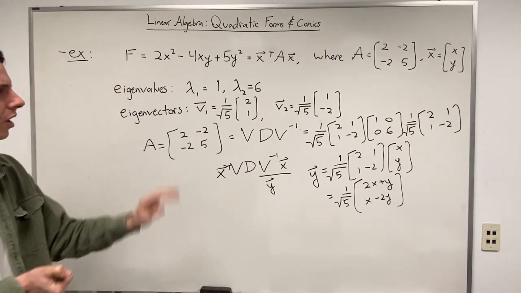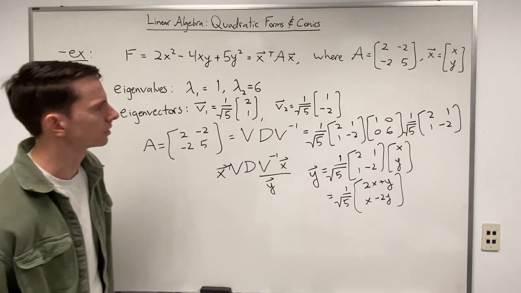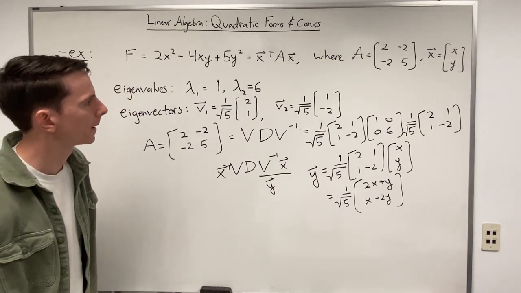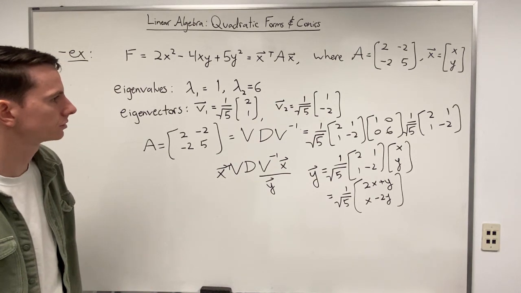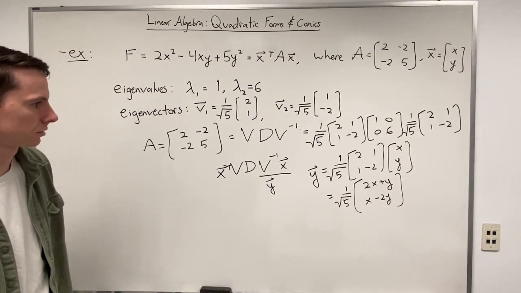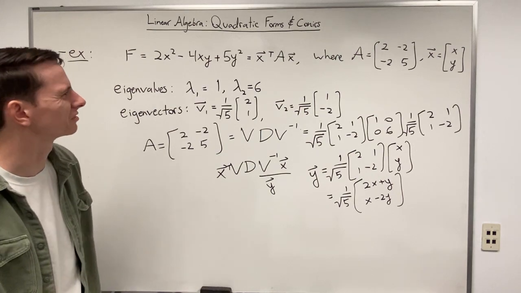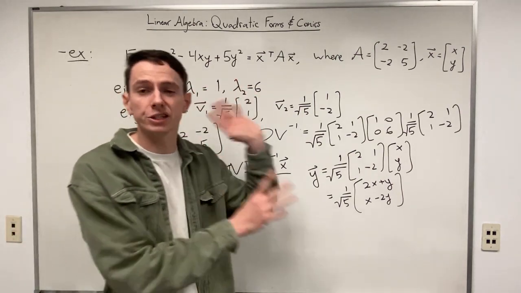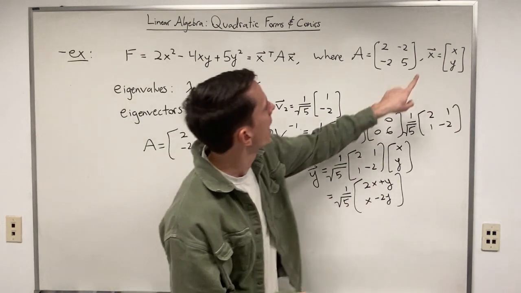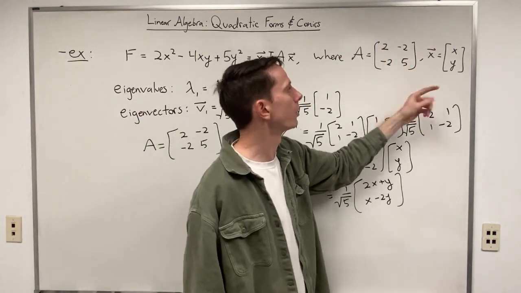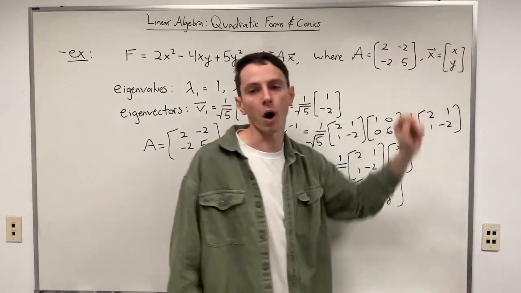Okay. And as I was writing that, I realized some of this notation might be confusing because there are multiple x's and y's flying around. I apologize for that. Is it too late to change this? I don't think so. Well, that's kind of a lot to change. So just to make sure that we understand what the notation is saying: x with the arrow over, this is the vector x, which has components scalar x and y.